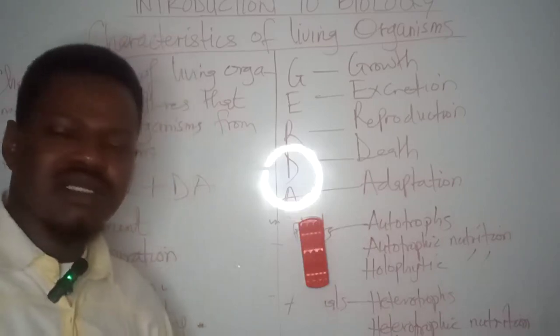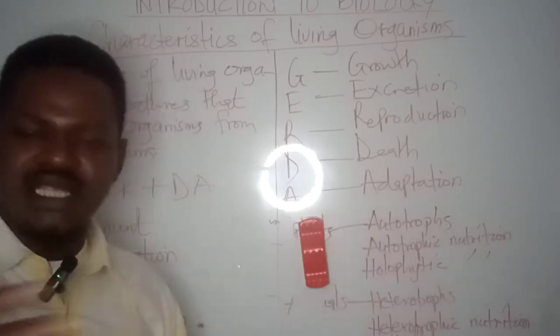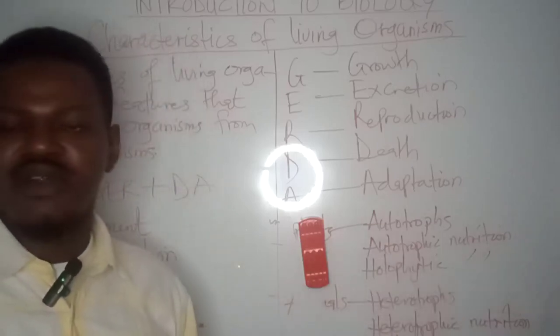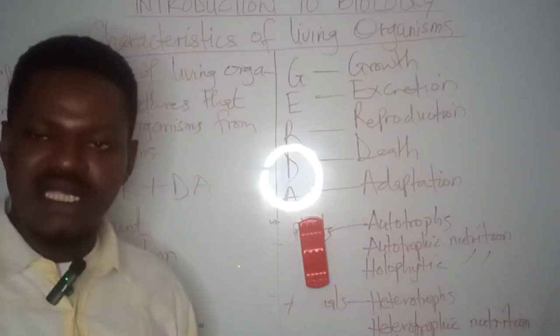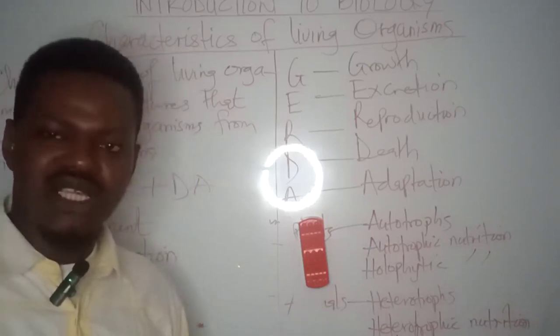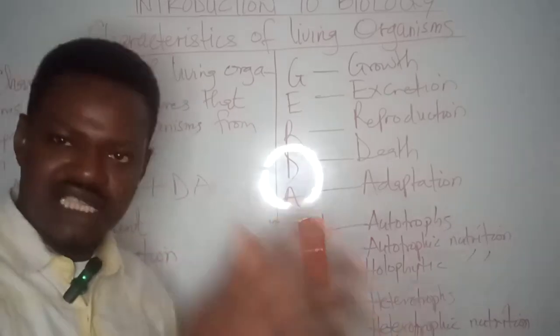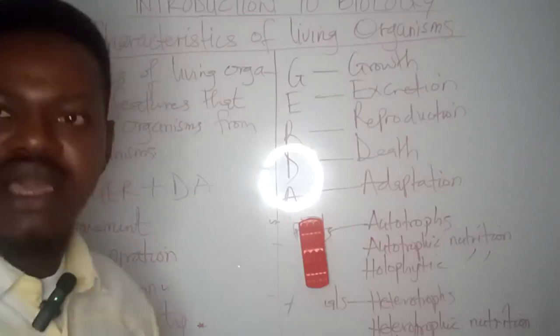Stimulus of chemicals, stimulus of water, stimulus of heat, stimulus of sound. So these are the numerous stimulus that living organisms respond to. So irritability or sensitivity is the ability of living things to respond to external or internal stimulus, or you say changes in the environment.